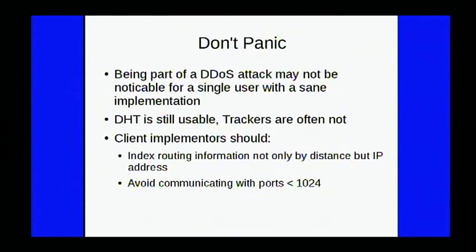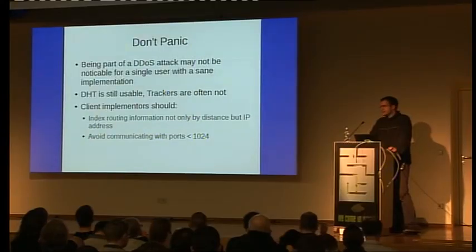The DHT is still usable. Trackers are not often. I have really performance problems with trackers, my BitTorrent client starts to hang with these HTTP requests, and DHT just works.